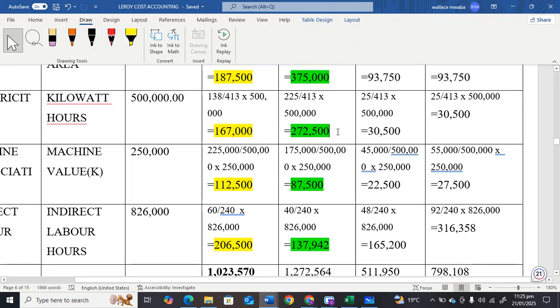Okay, on electricity it was 225 over 413 times 500,000. Maybe I round it off quickly.